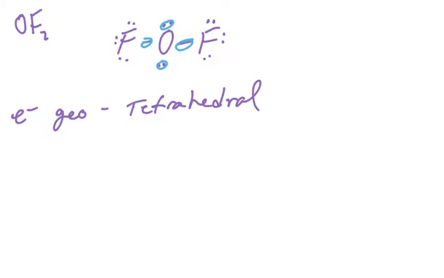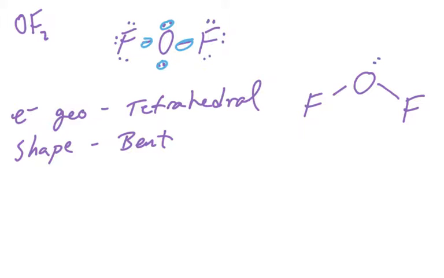Now the shape. How many of these 4 groups are bonding? 2. So that means that the shape would be bent, like that. And the angle is the tetrahedral electron geometry angle of 109.5.